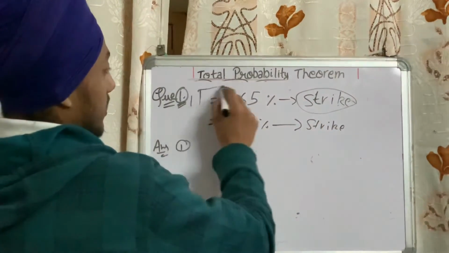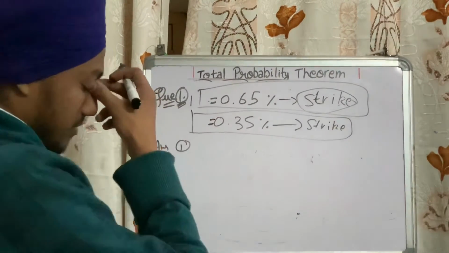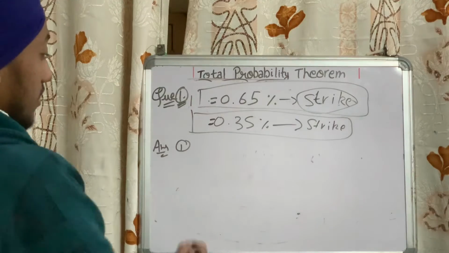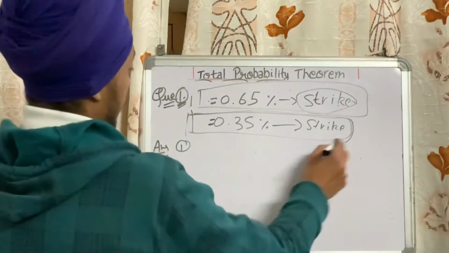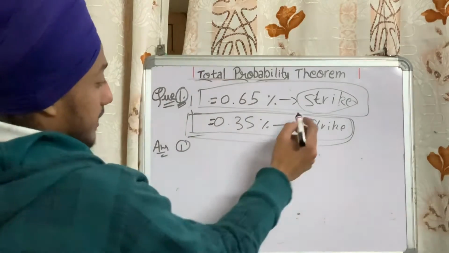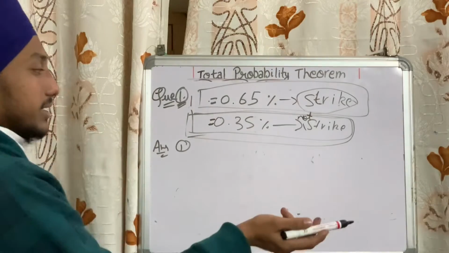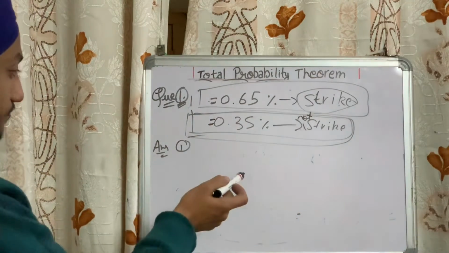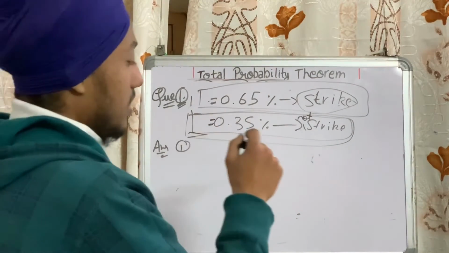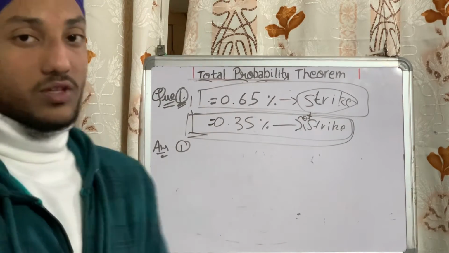This is given in our question. We can find this by intuition, by subtracting it from 1, because if a strike is to be done, then not strike is the remaining probability at the time of construction.